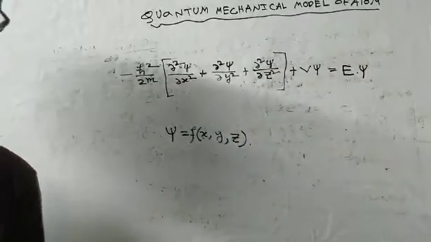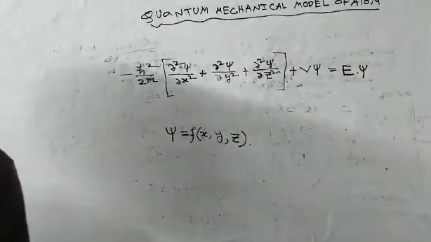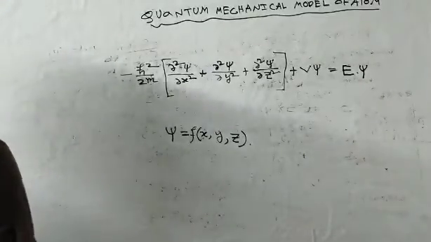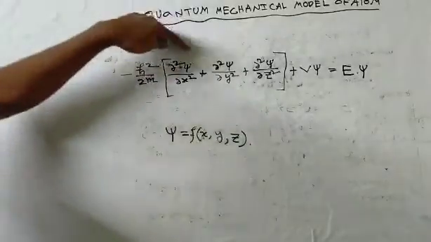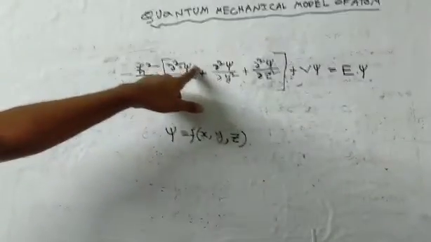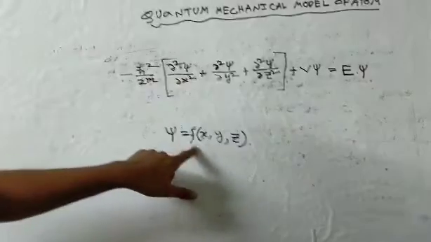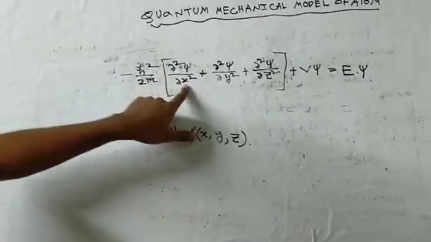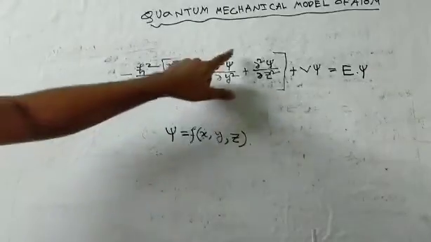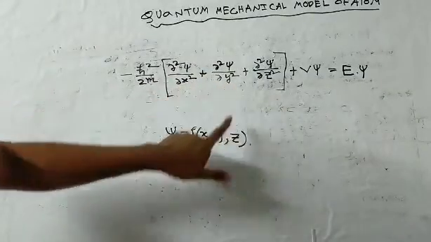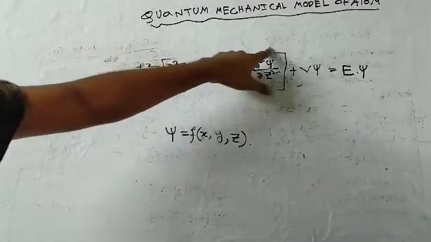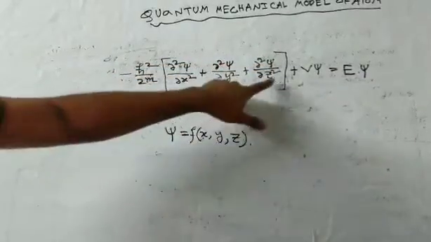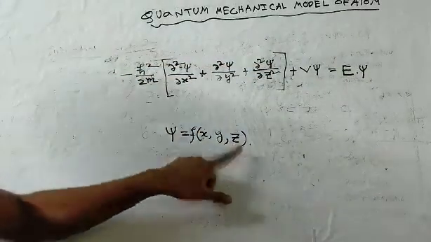When I do the derivative of p with respect to t, I get p equals a function of t. In this equation we are doing the derivative on psi, so it should be psi equals something, a function of x, also a function of y, and also a function of z.